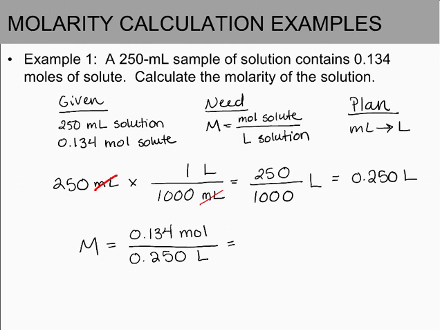If we plug that into our calculator, that gives us 0.536, and you can write moles per liter as the unit. That's totally fine. But again, it's sometimes easier just to write a big capital M for molarity.